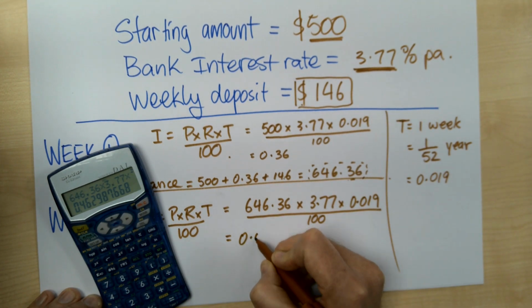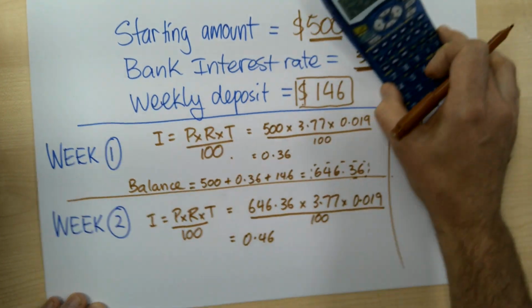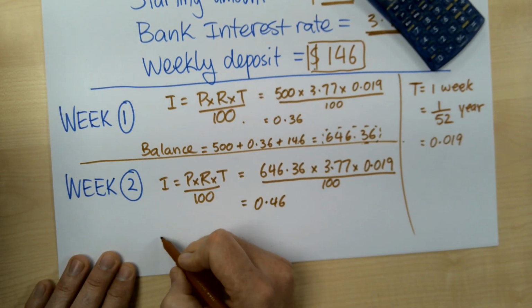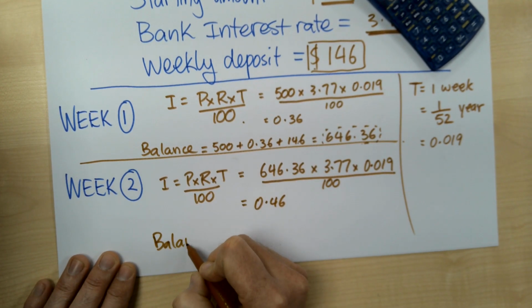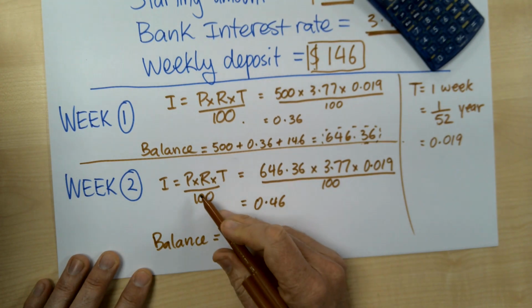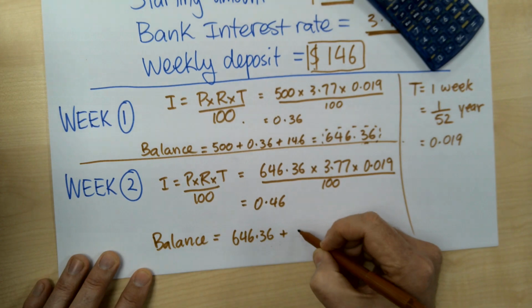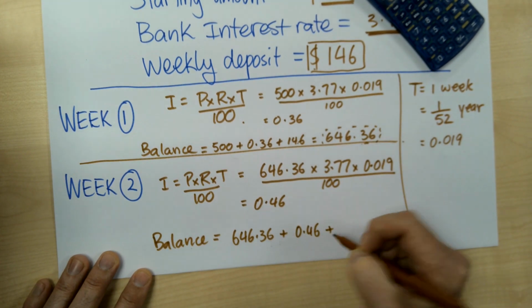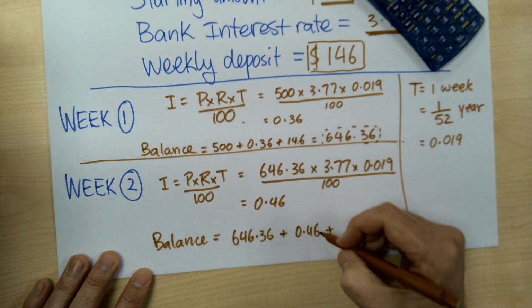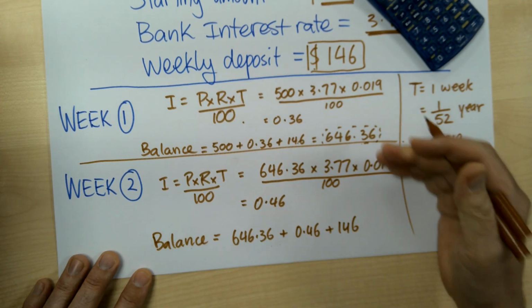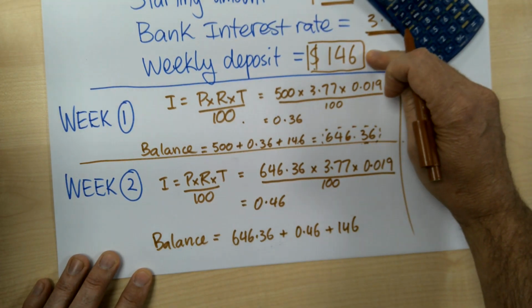Whoa, it's gone up 10 cents. Brilliant. Okay, and then the balance is the principal, which is 646.36, plus the interest, and I'm still plugging in 146 every week. For the first year, I'm putting in 146.